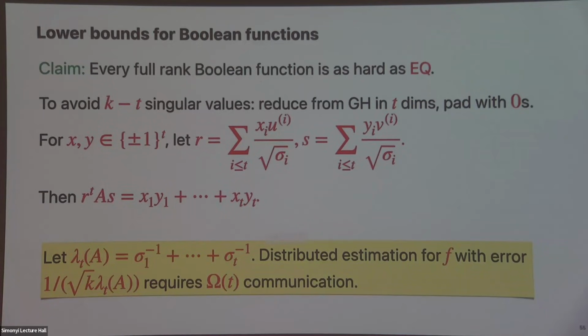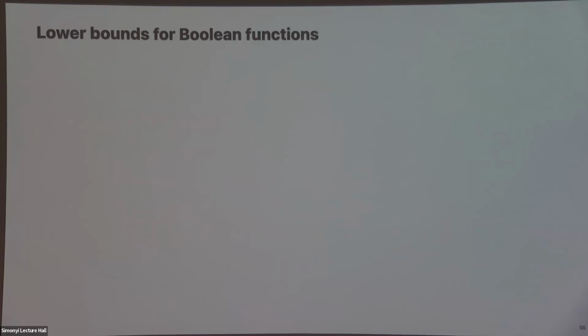Okay? All right, great. Now, we want to say that equality is in some sense the worst matrix in this relaxed sense that all its singular values are 1. And in any full rank Boolean matrix, maybe you want to say that a lot of singular values are at least 1, right?